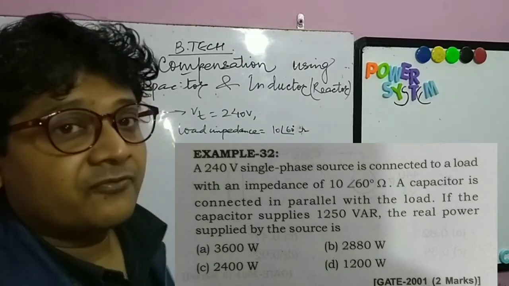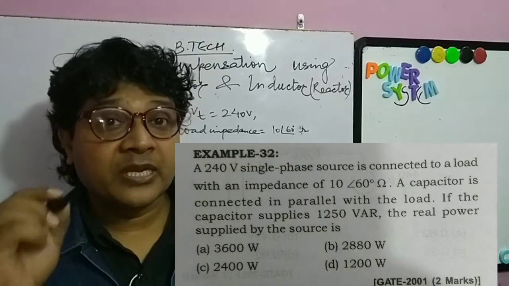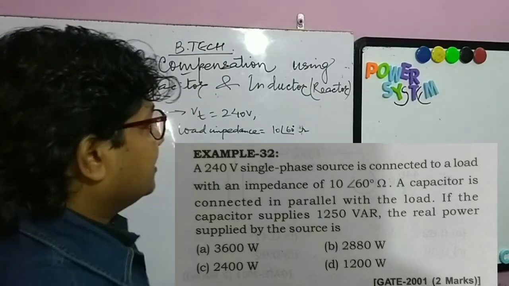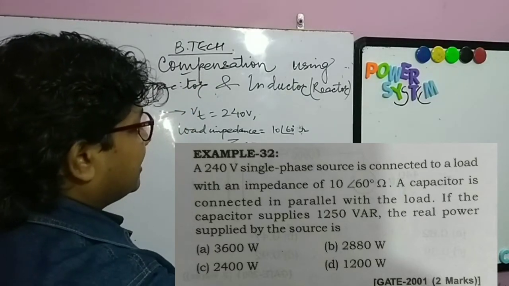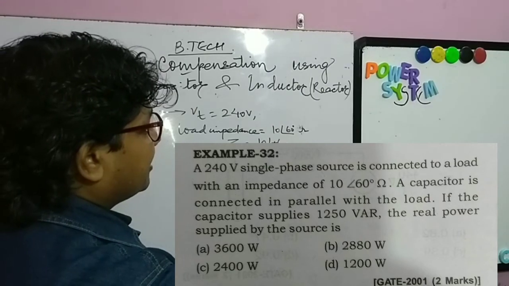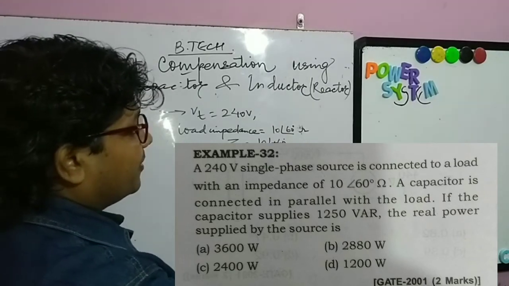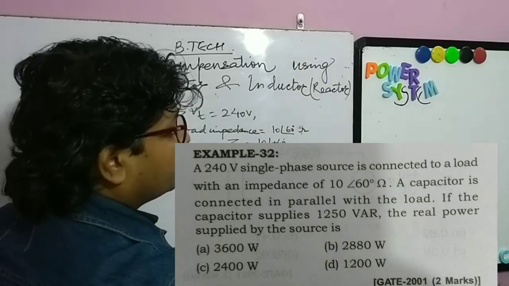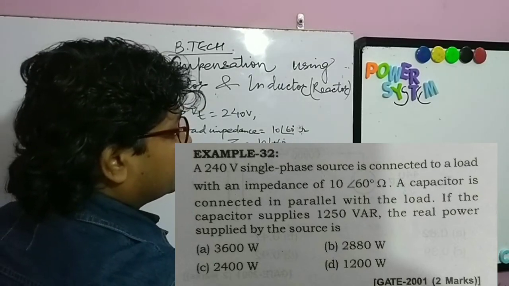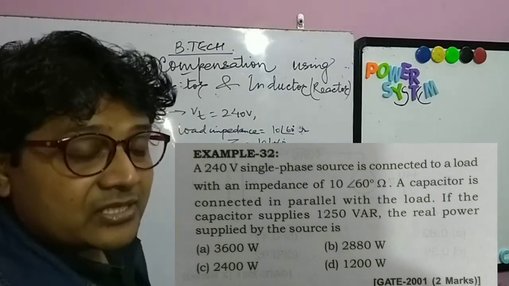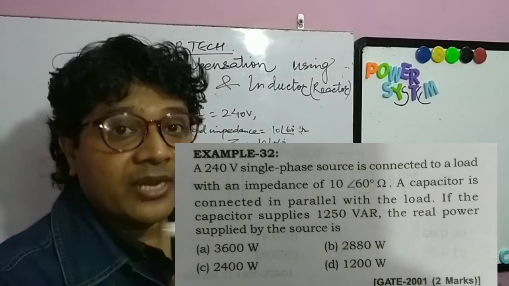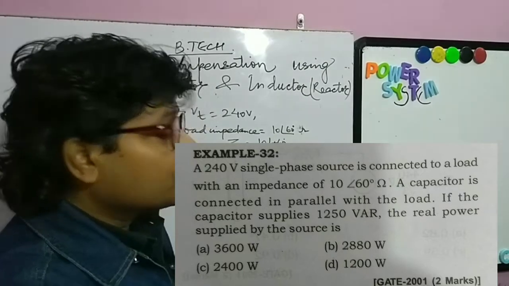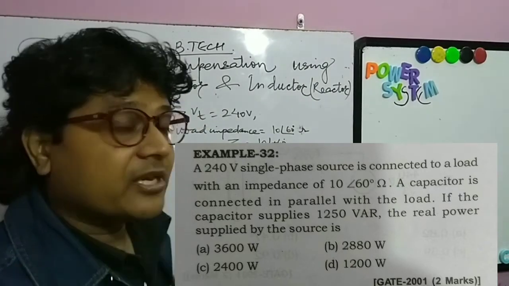First I would like to explain the nature of the load. Z_L is equal to 10 angle 60 degree. The plus 60 degree indicates that it is an inductive load, so it is going to absorb reactive power.